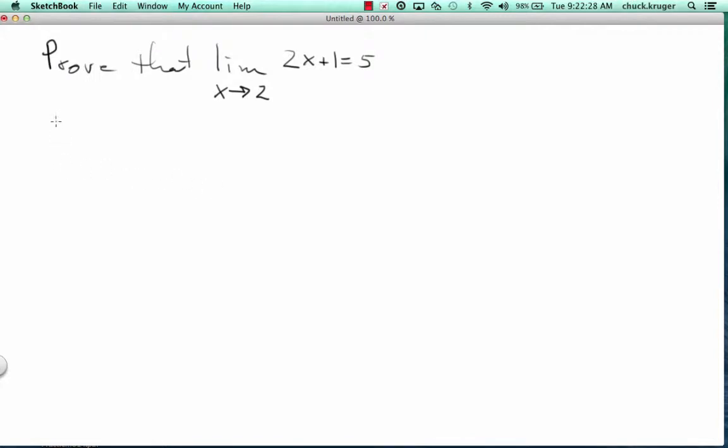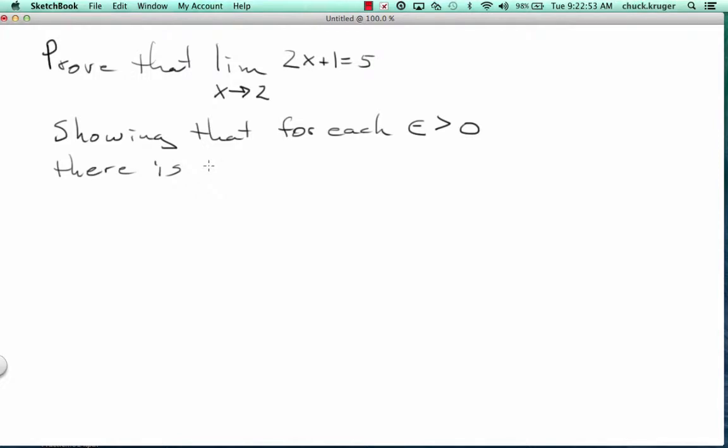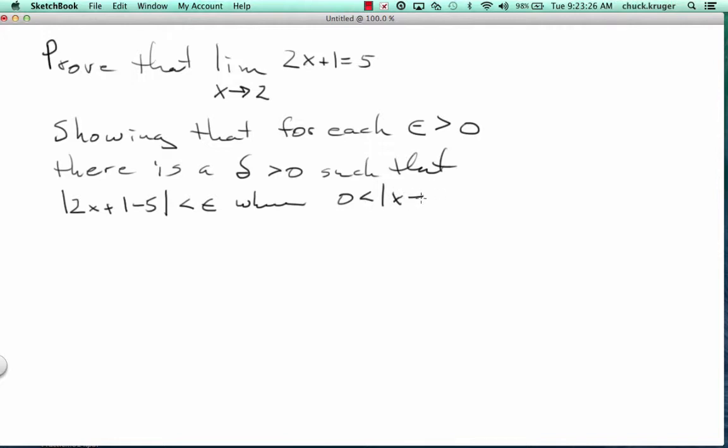You are showing that for each epsilon greater than 0, there is a corresponding delta greater than 0 such that the absolute value of 2x plus 1 minus 5 is less than epsilon when 0 is less than the absolute value of x minus 2, which is less than delta.